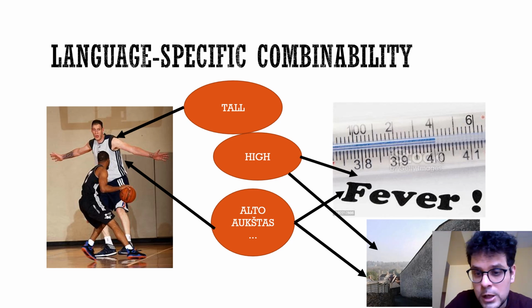So there is no one-to-one relationship between the word in Lithuanian and the word in English, for instance, and vice versa. Two different words in English may have the same translation in Lithuanian, just because that's the way word combinability works in that language. So we say aukštas žmogus or we say aukštas sienas.